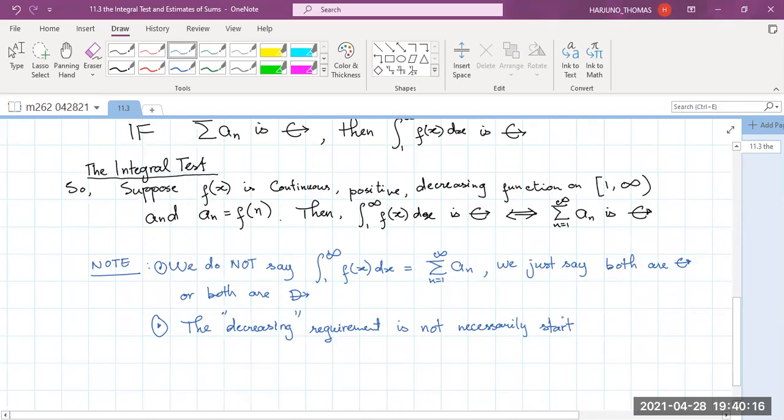How to say it? I think my grammar is not correct. The decreasing requirement is not necessarily started from 1. Yeah, it does not need to start from 1.